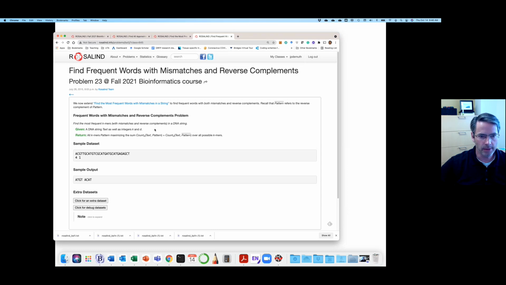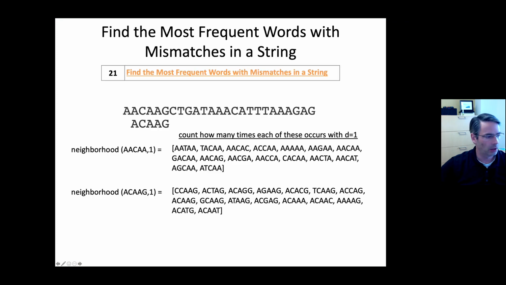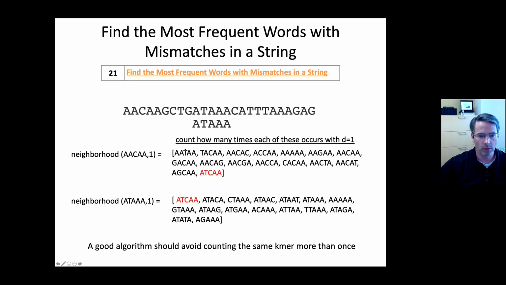And number 23, also not a big stretch. The only difference here is that we now need to include reverse complements for all of those patterns that we checked. So if you think about what we did here, when we were checking all these patterns, we need to take the reverse.